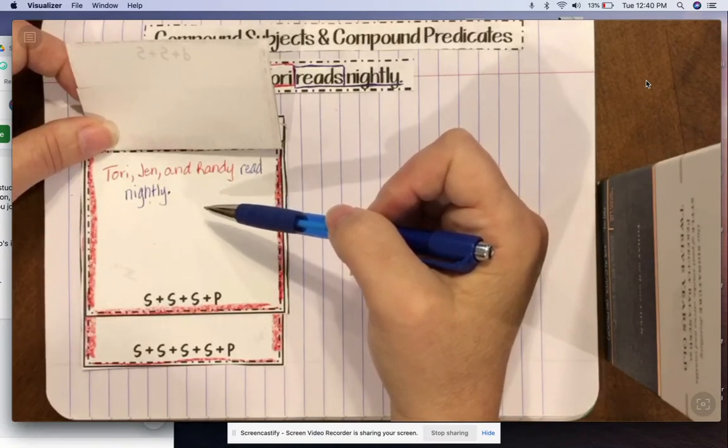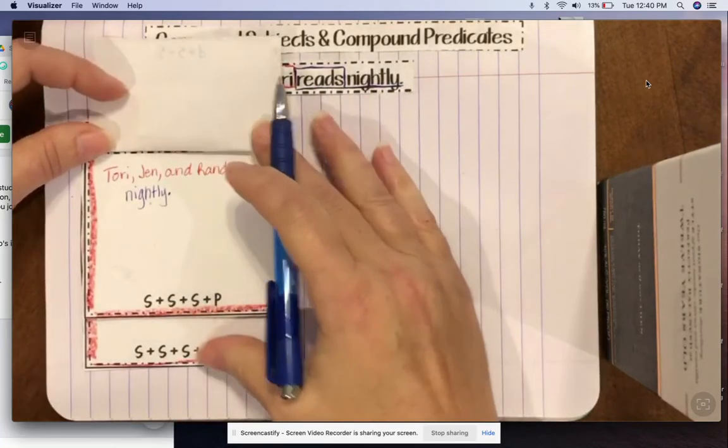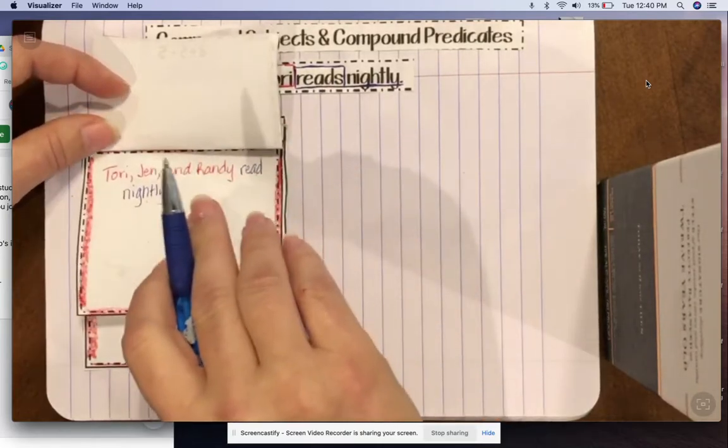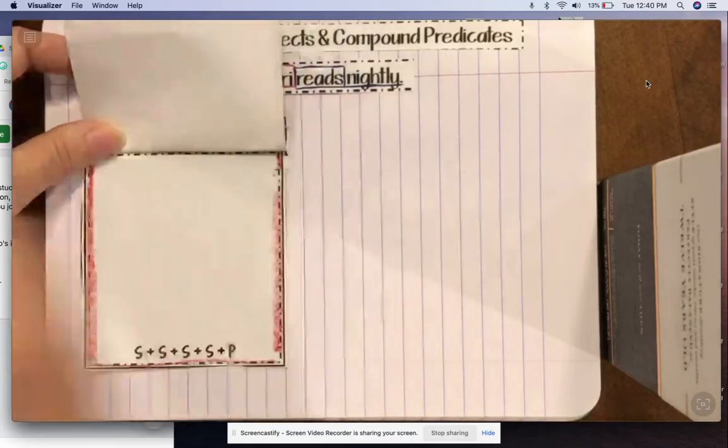All right, let's do one more. This one, S plus S plus S plus S. 1, 2, 3, 4 people in my sentence. So I'm going to give Tori, Jen, and Randy another friend. If you need more time on that one, you can just pause your video.